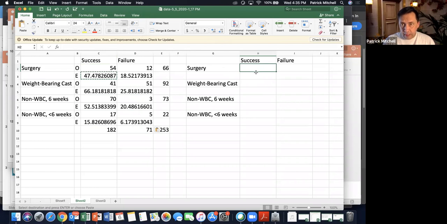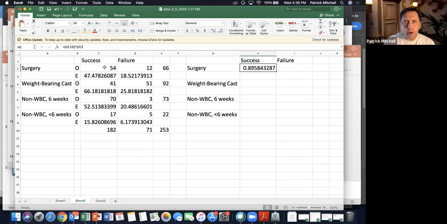In each one of these 8 cells, wherever a row and a column meet, I need to calculate O minus E squared divided by E. So to do that, I'm going to say equals, parenthesis, there's my O, there's my E, I need to square that, and then I need to divide by E. And I don't need any $ in this formula because everything matches up perfectly.